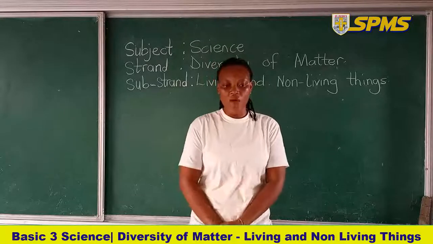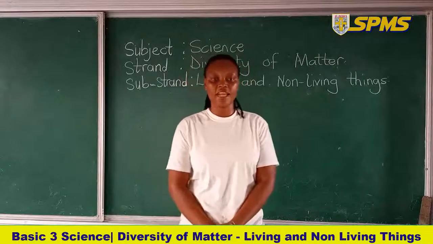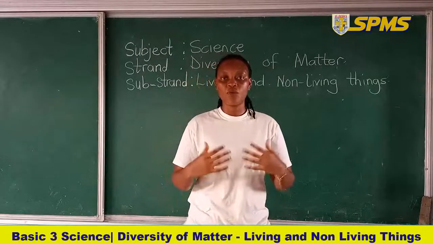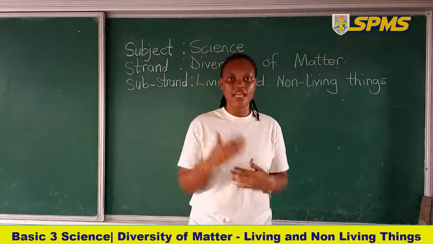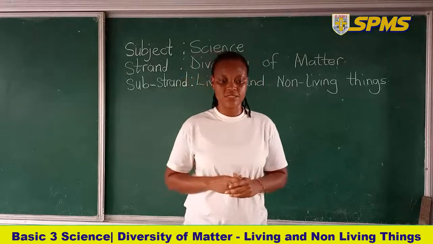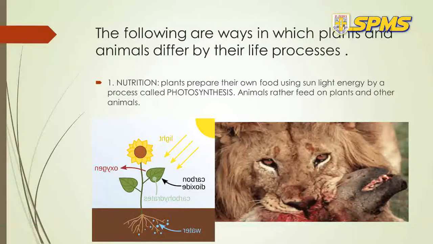So the following are ways in which plants and animals differ by their life processes. So now we are looking at their life processes, that's plants and animals. So the first life process is nutrition. Plants prepare their own food using sunlight. So you've been asking, how do they feed or eat?